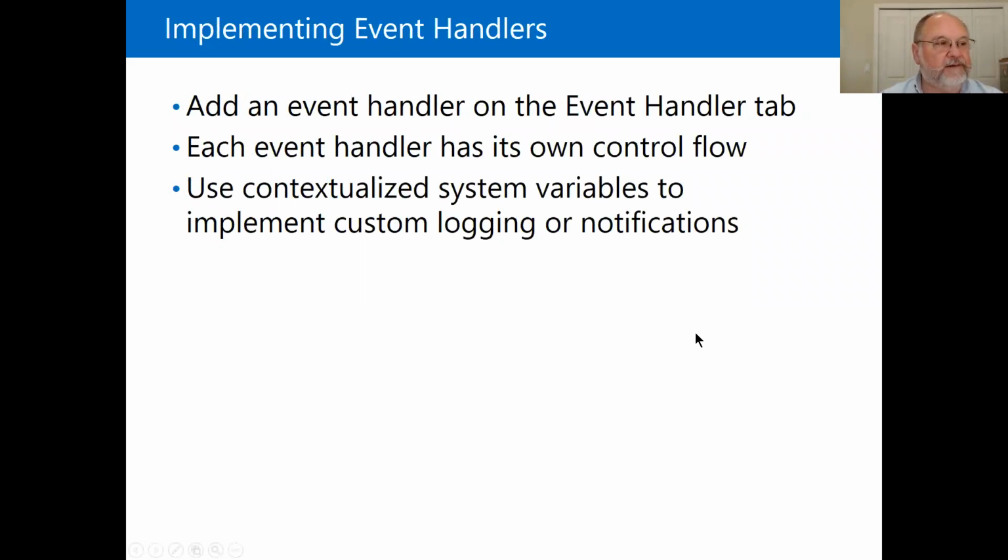So event handlers, again, there's that event handler tab. Every executable and the package itself has a set of events. You can enable an event handler for any one of those events and then write code to do whatever you want. To be perfectly honest with you, the only event handler I deal with at runtime, in other words after I've shipped this, is the OnError. The rest of them seem to get in the way.